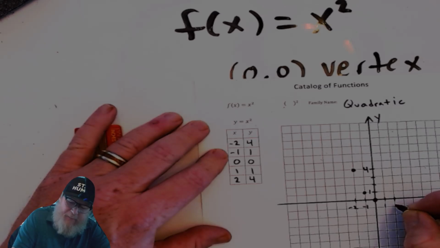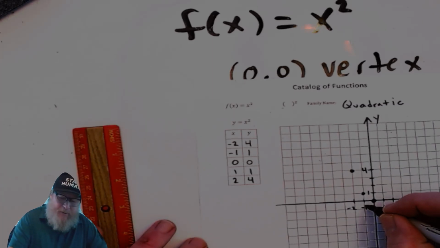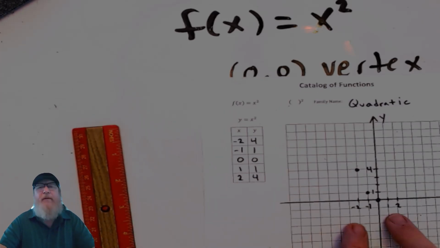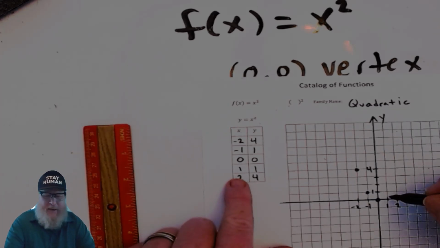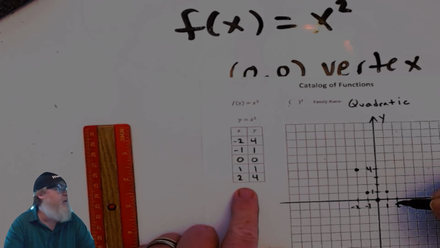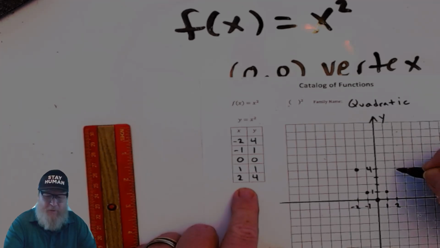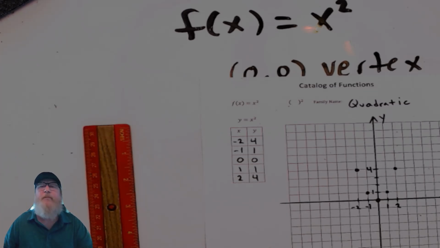There are some examples where I like to do a slightly different scale so that these numbers aren't so clustered together. So my next point is (1, 1). And then my final point is (2, 4).